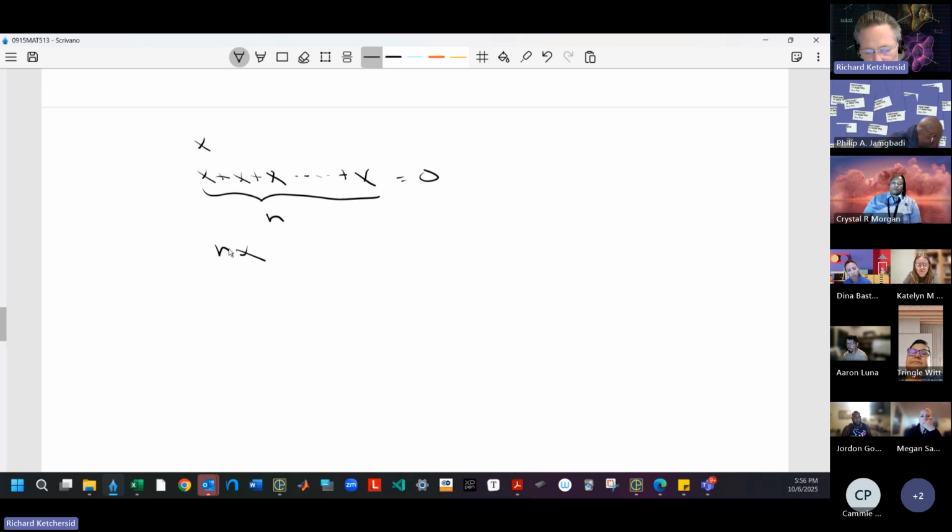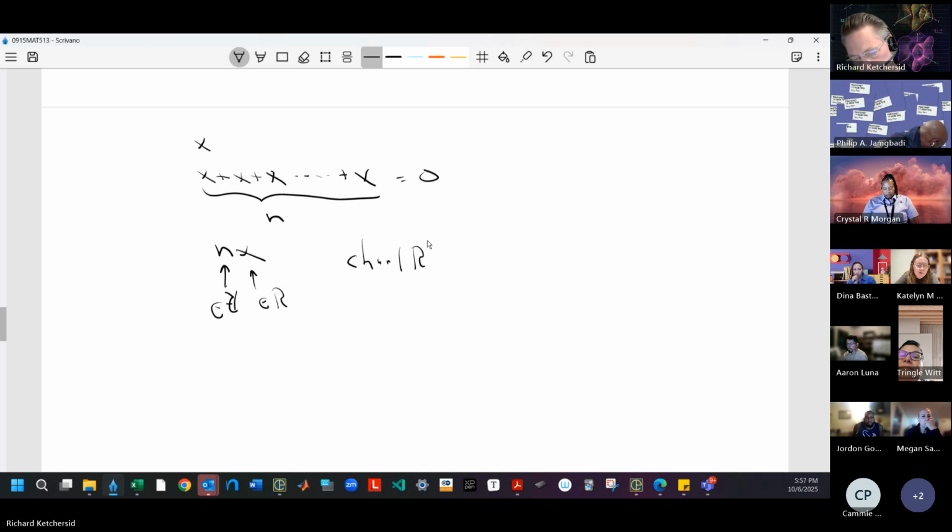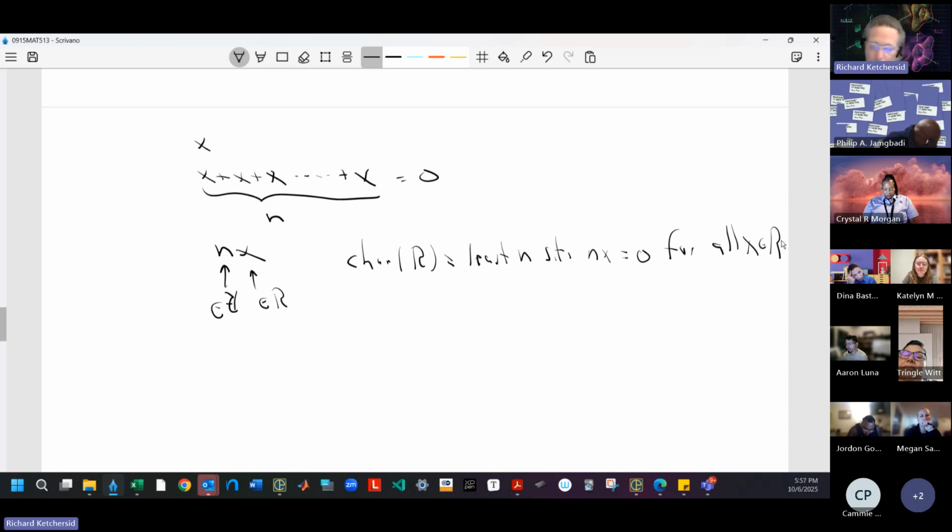Notice that this is not multiplication in the ring. This n is in Z, right? So this isn't ring multiplication. This is just n copies of x, right? And the characteristic of R equals the least n, if there is one, such that nx equals 0 for all x. Okay.